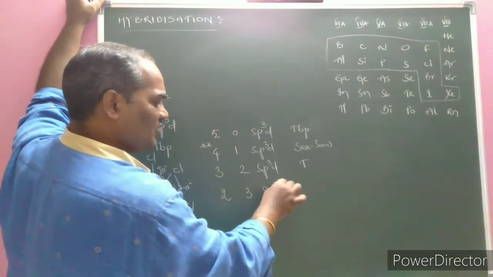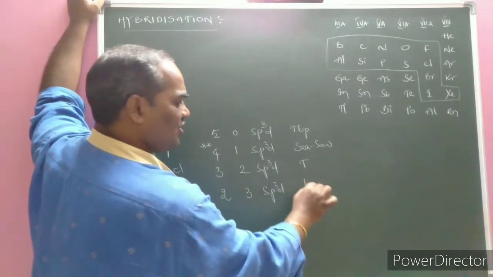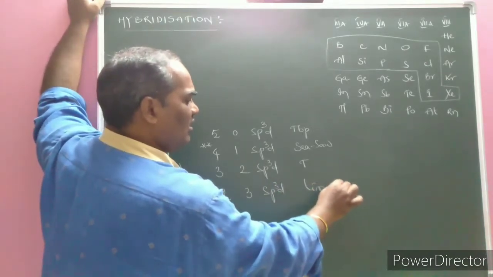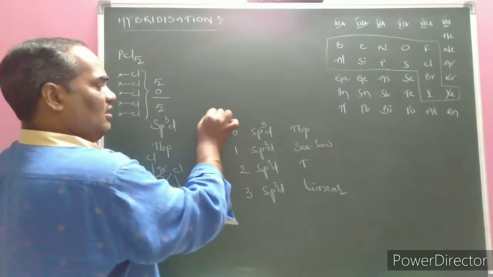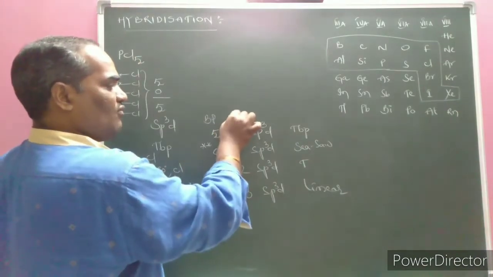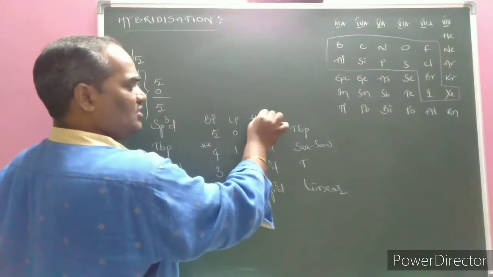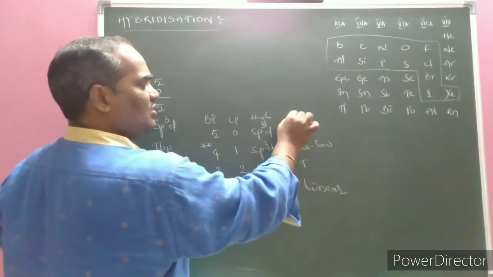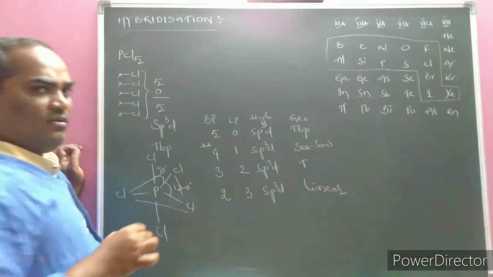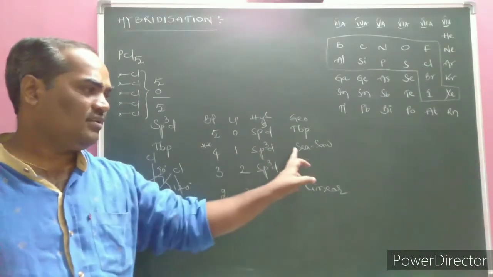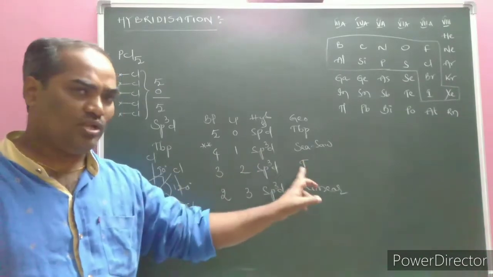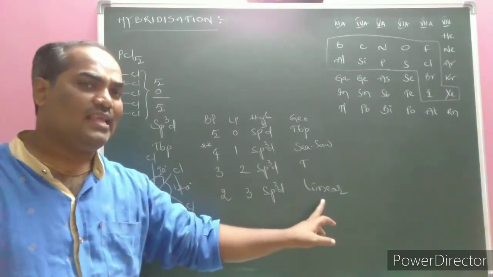This we call sp3d hybridization, the shape of the molecule is linear. According to the VSEPR theory, the number of bond pairs is 5, the number of lone pairs is 0, hybridization is sp3d, and the geometry of the molecule is 5 0 sp3d trigonal bipyramidal, 4 1 seesaw, 3 2 T shape, and 2 3 linear geometry.